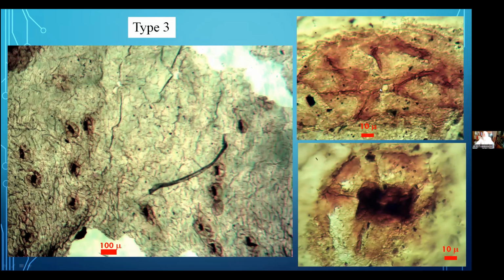Here you can see such stomata without preserved guard cells and with very small stomatal pit. And here is a stoma with preserved guard cells. And you can see that, like in the previous type, they're fabiform with T extensions.